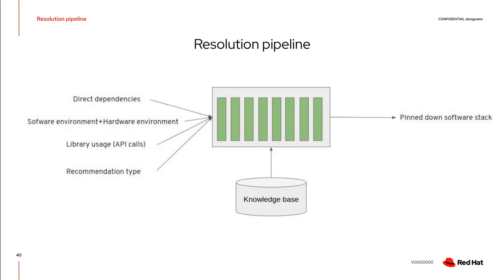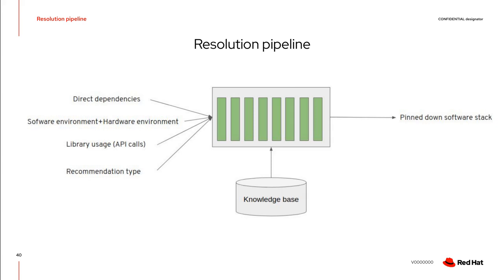So the resolver accepts a vector of information. For example, direct dependency, software environment, and hardware that is used, libraries that are used together, some static source code analysis, like what API calls are performed, also recommendation type.